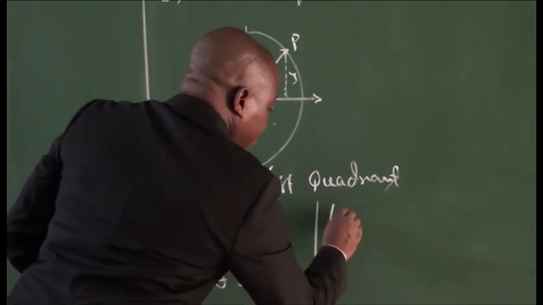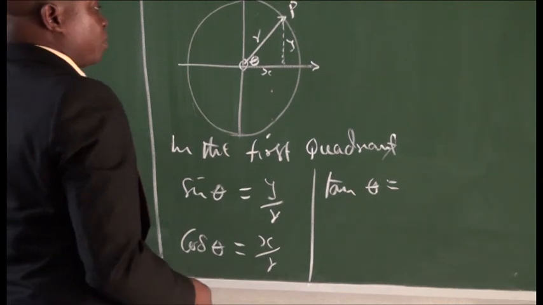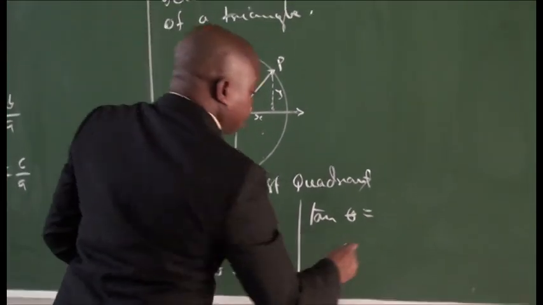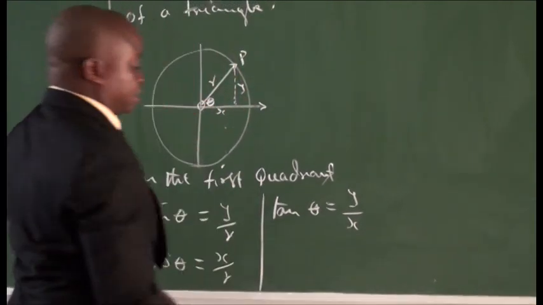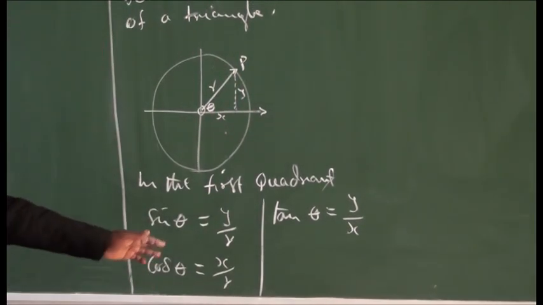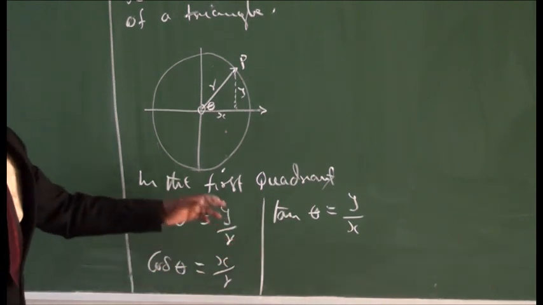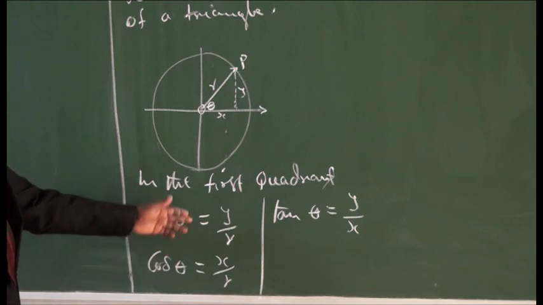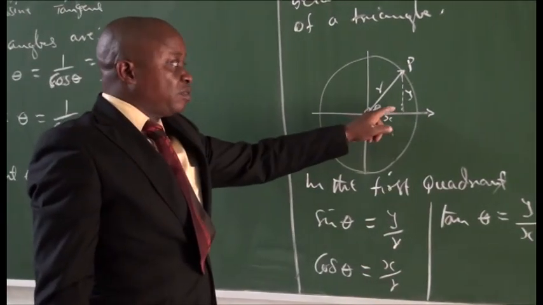Then tan theta is opposite over adjacent, y over x. Now, the three, sine, cos, and tan, are all positive. They are all positive in the first quadrant.